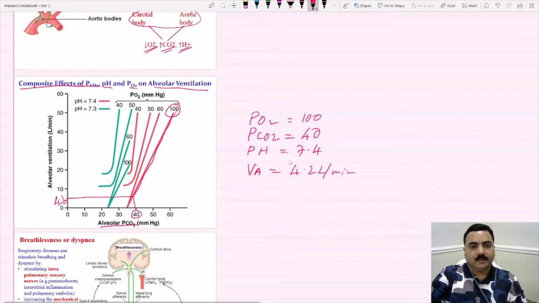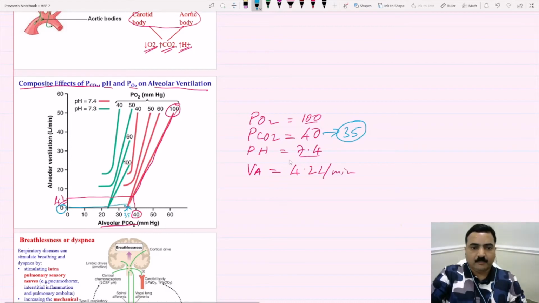The most important thing: if you keep these normals, and suddenly change the PCO2 value from 40 to 35, you will see what happens. This is your 35 over here. What happens to the alveolar ventilation? It became 0.